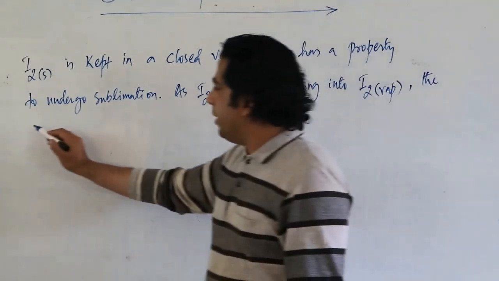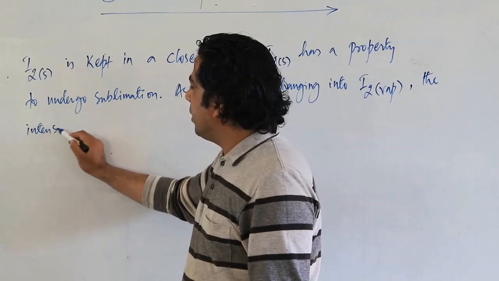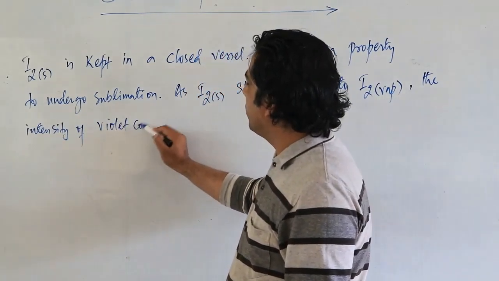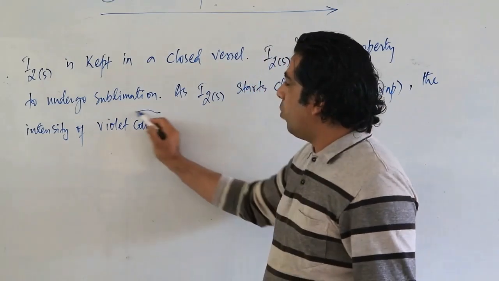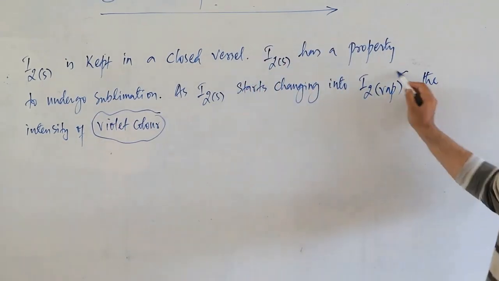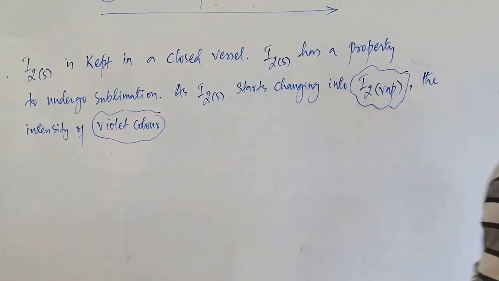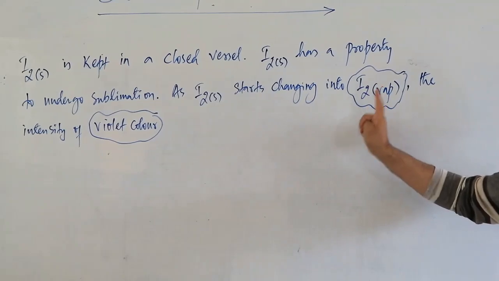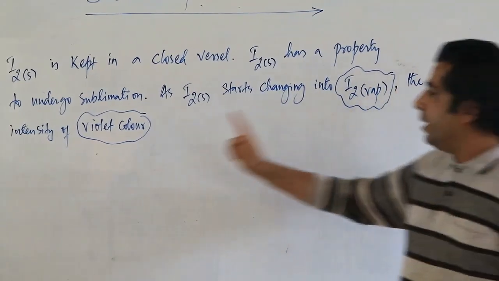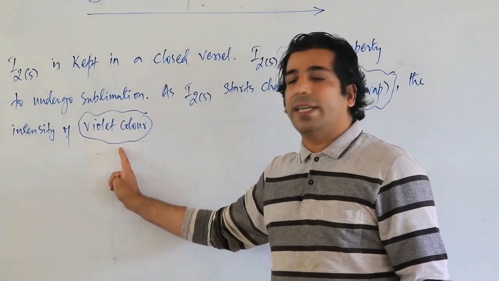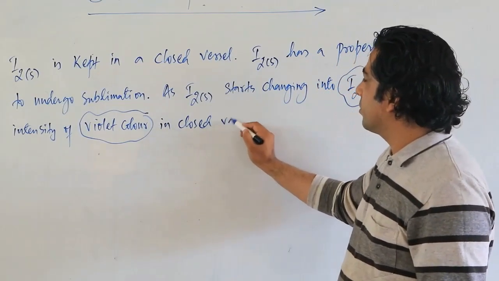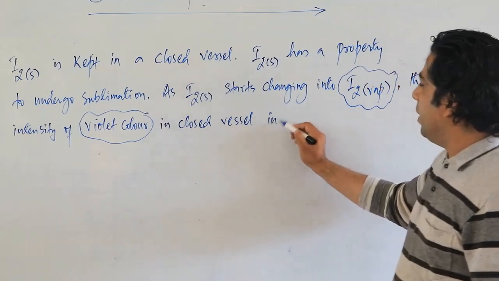The intensity of violet color, and remember this violet color is because of the iodine vapors. Look here, as iodine solid starts changing into iodine vapors, the intensity of violet color in closed vessel increases.